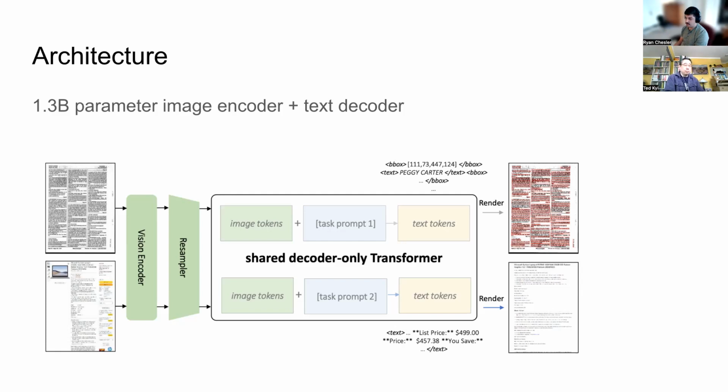I think there are some small differences between markup and markdown. I saw both of them mentioned in the paper, so I don't know exactly what differs between them, but I think they're pretty interoperable. This Pix2Struct model was mainly focused on web pages, and they were able to get it to understand web pages really well.